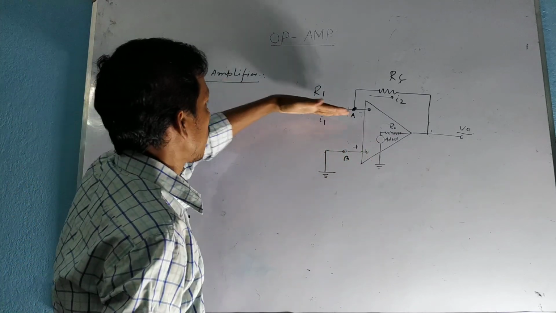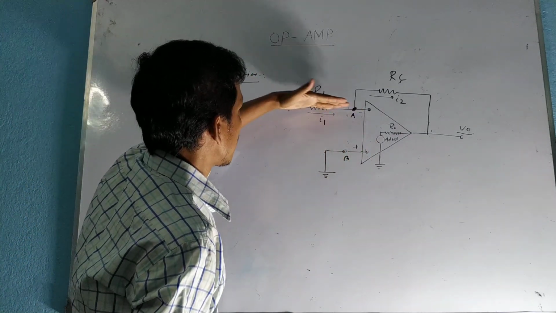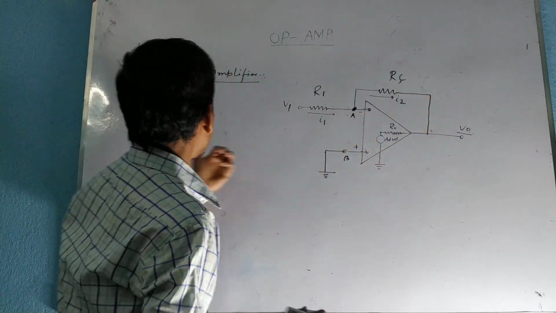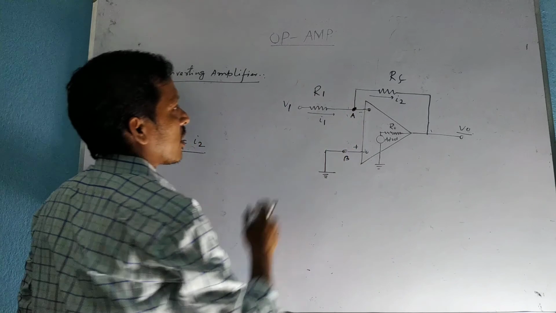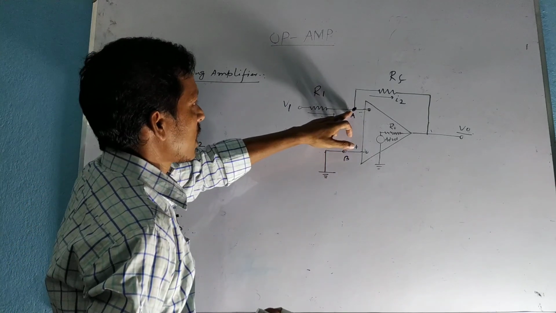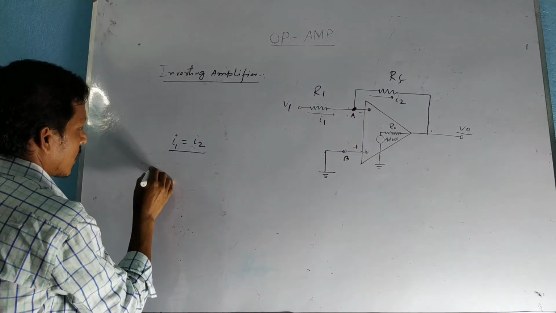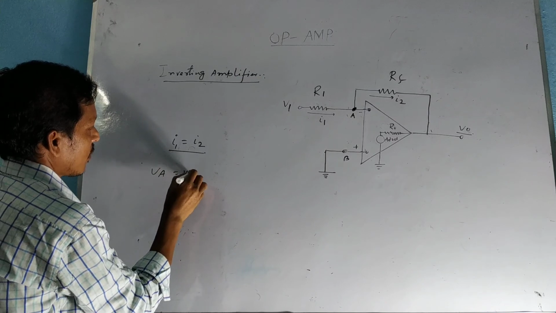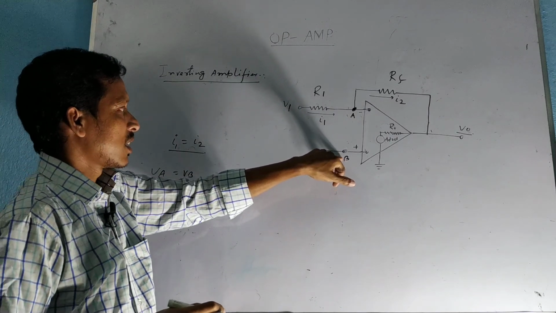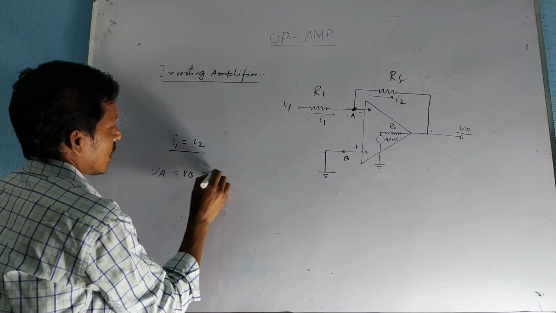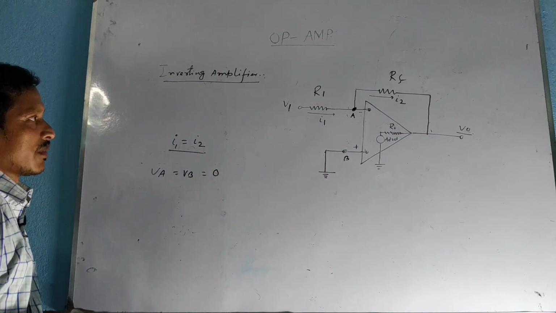So whatever be the value of the current flowing through, this same current flows through RF, so I1 is equal to I2. And from the virtual ground concept, the potential at point A, VA equals VB, and since point B remains at ground potential, VA is equal to VB is equal to 0. Okay.